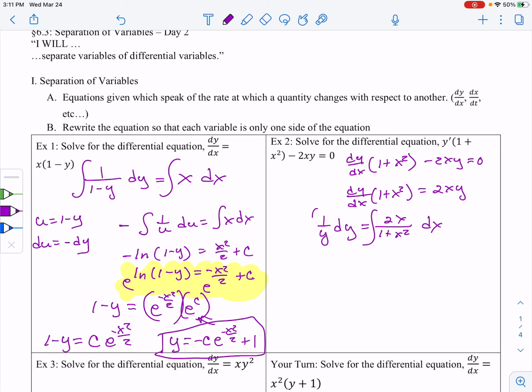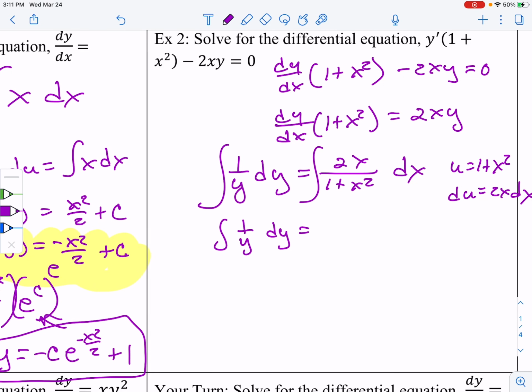And then you integrate. This time my u is equal to 1 plus x squared. du equals 2x dx. So you integrate 1 over y dy equals 1 over u du. So you get the natural log of y equals the natural log of u, which was 1 plus x squared, plus c. When you take e to both sides, this becomes y.